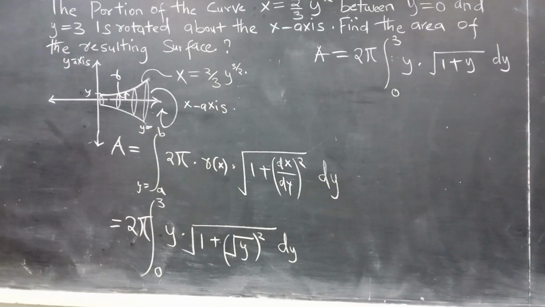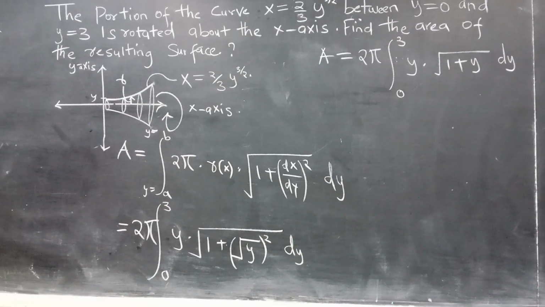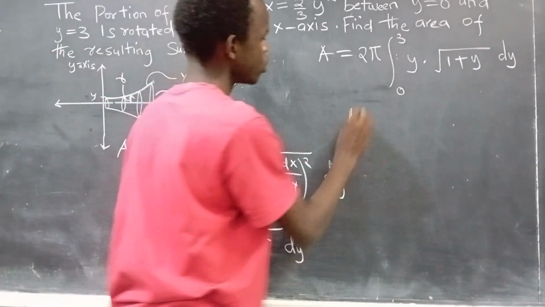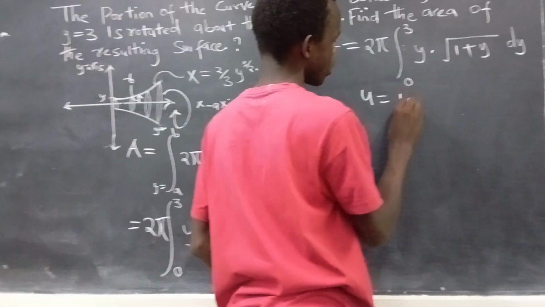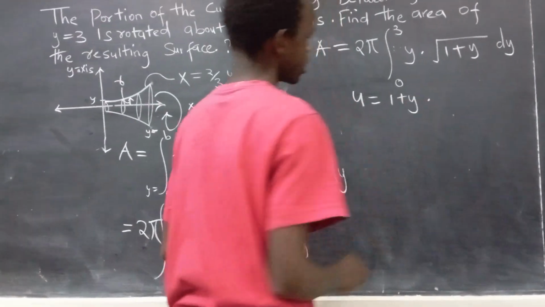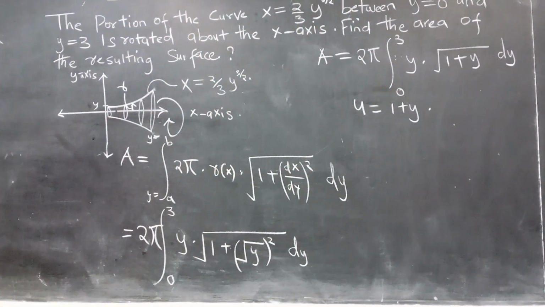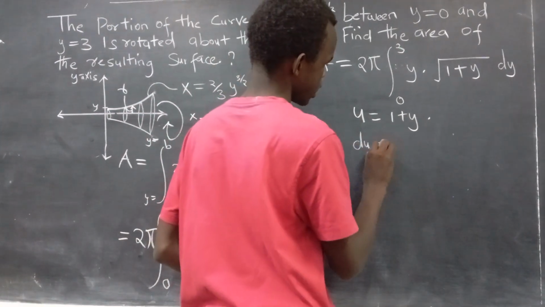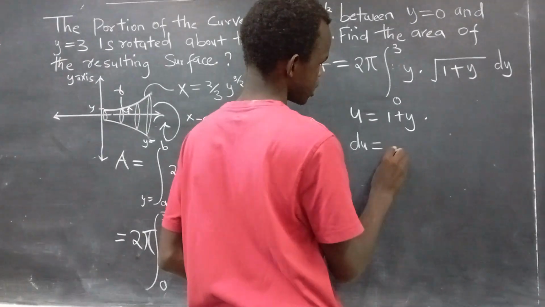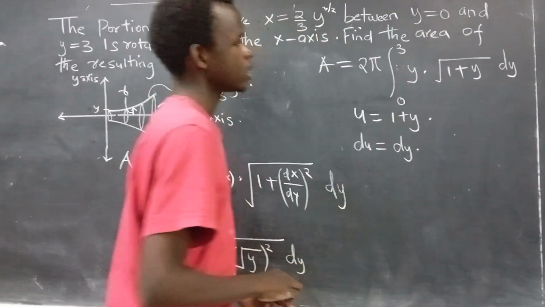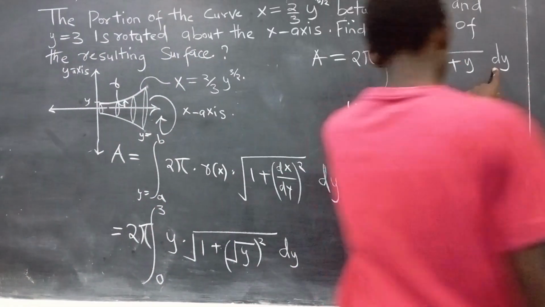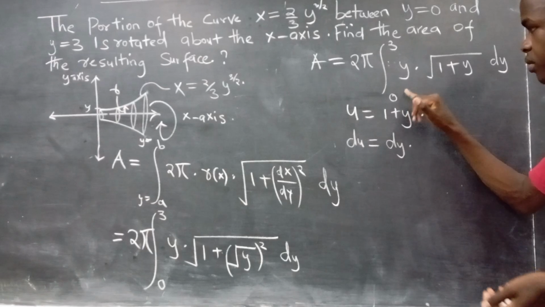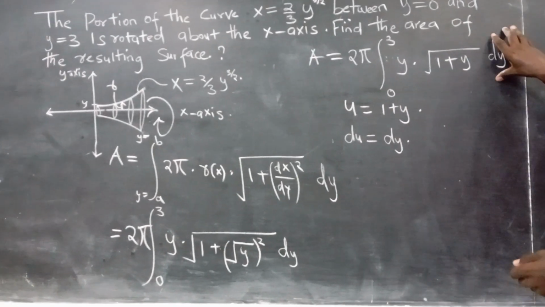So from there, I'll choose my u to be the expression inside the radical. So I'll get my u to be 1 plus y. From there, I'll get my du as simply dy. So I'll be replacing my dy with du, and now we'll be taking the integral from the y world to the u world.